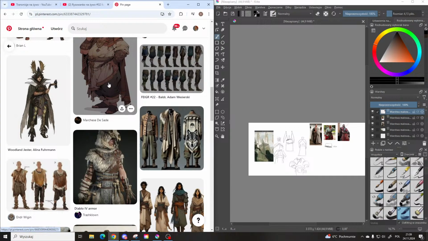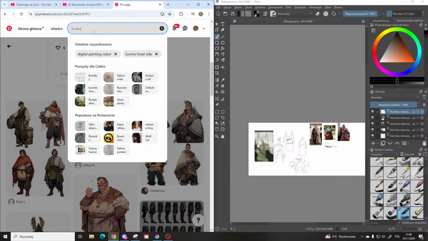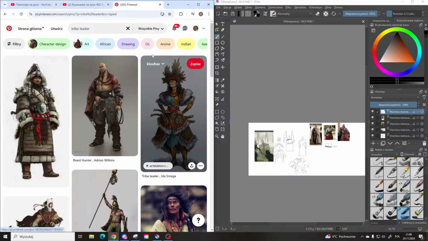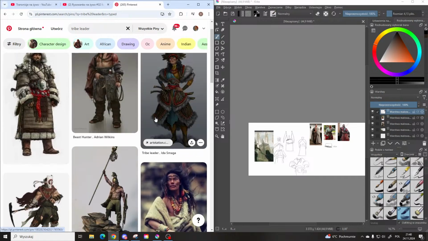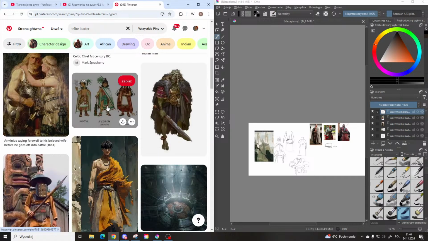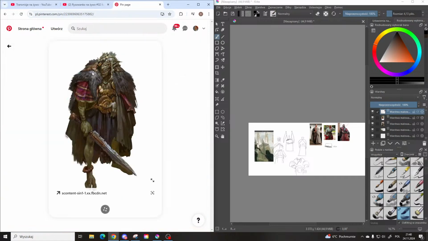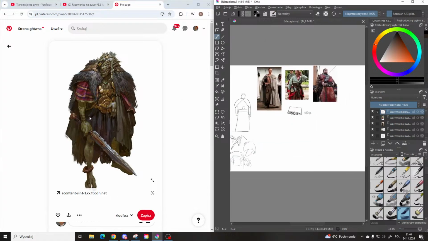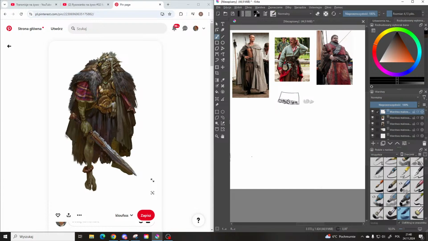Okay, we want a tribe leader. That's what we're looking for. Oh, this is another thing that I like. This one is even an orc, but the thing I like is when the guy is like a final boss, so he's basically super heavy, he has so many things on him, kind of like those Warhammer Space Marines.